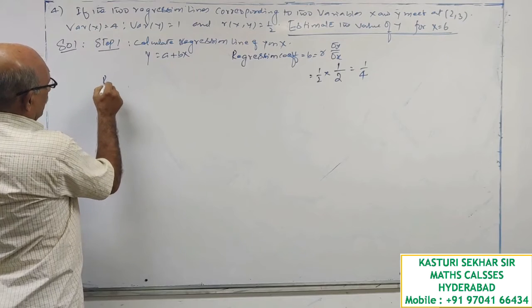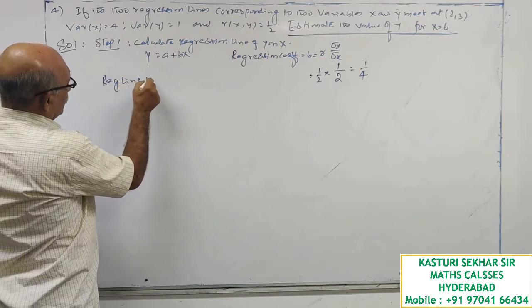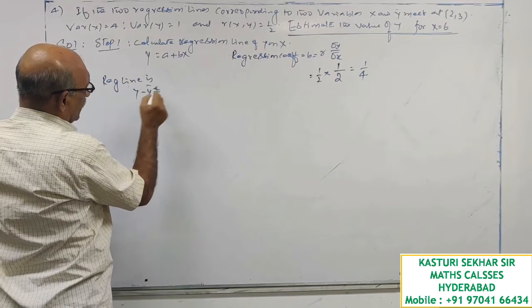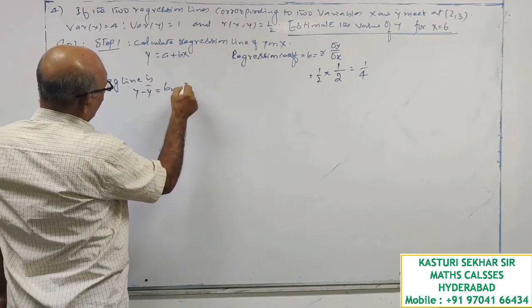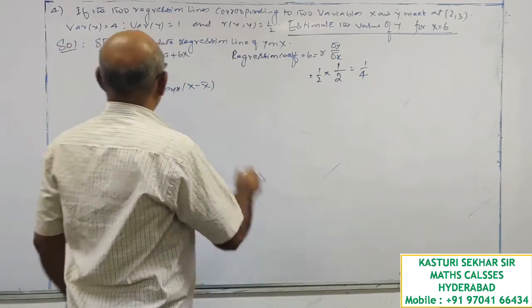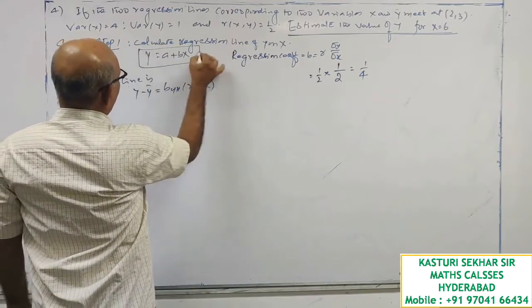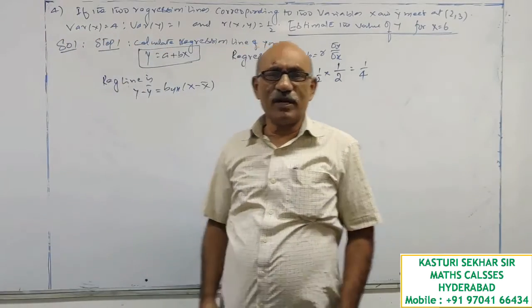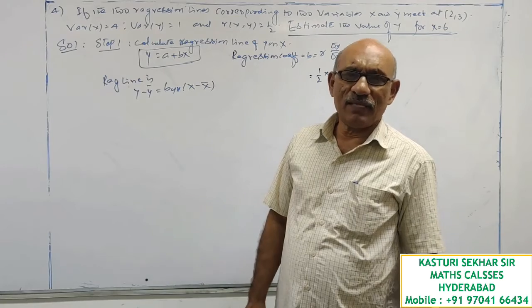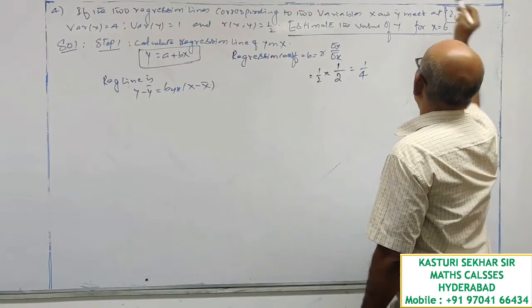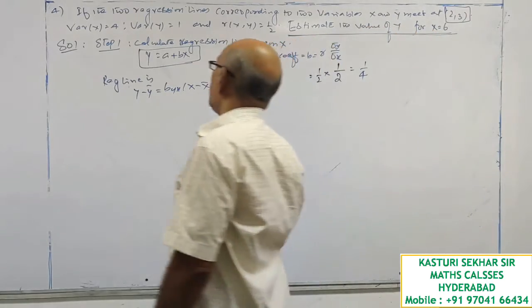Now, as per the data, I have to change the formula. y minus y bar is b into x minus x bar. Finally I will put my regression line in the standard format, whatever method I use, but as per the given information I have to use this line.